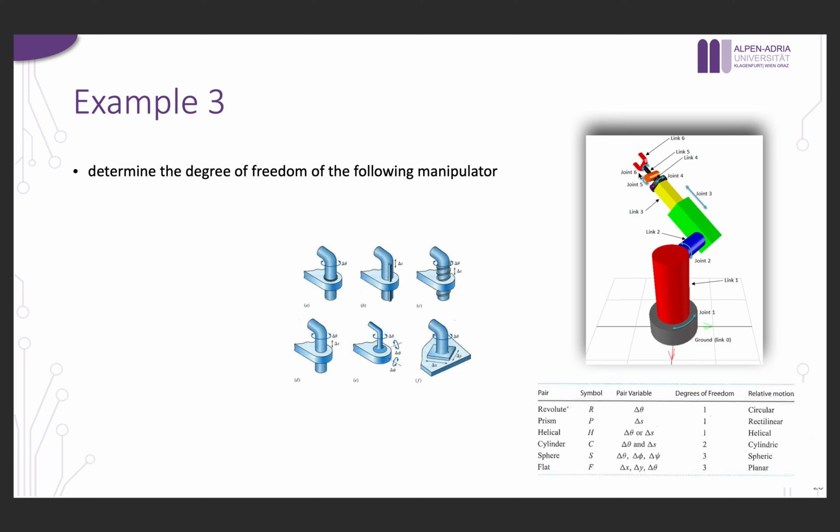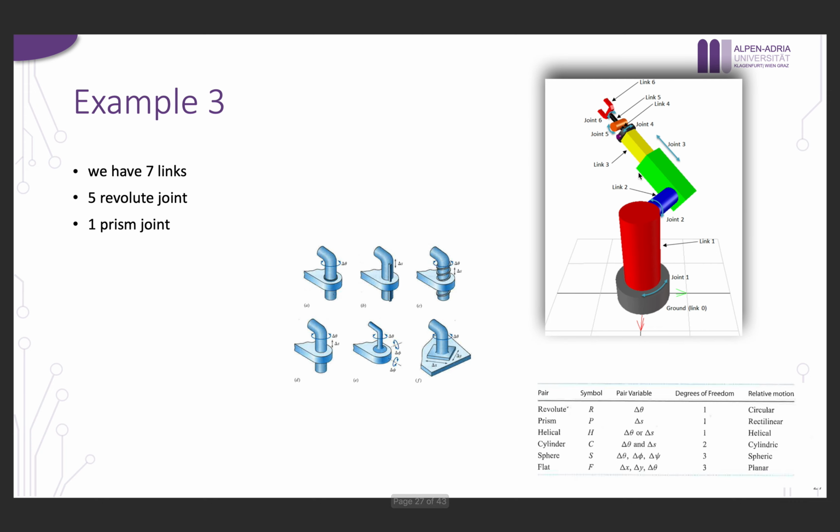That means this robot arm has 6 degrees of freedom, because I have 6 joints that have only 1 degree of freedom each. If I also look at how many actuators I have, there would be 6 actuators. That's why I have 6 degrees of freedom. But I can also apply the formula, and you would end up with 6 degrees of freedom. Okay.